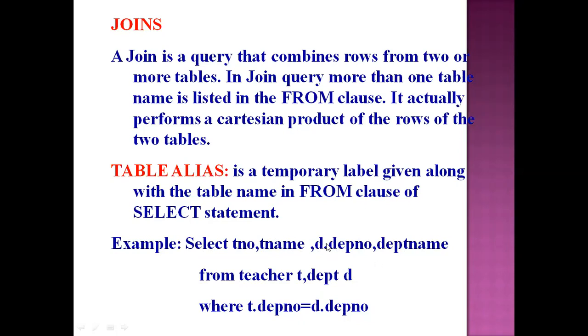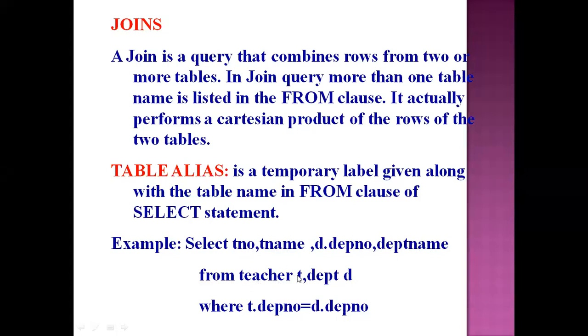This is another table. D is an alias name, a temporary name given to the department. After from, you have to mention teacher T. So here T is missing. T dot T number, T name, comma, D dot D number, D name. You have to write it this way.